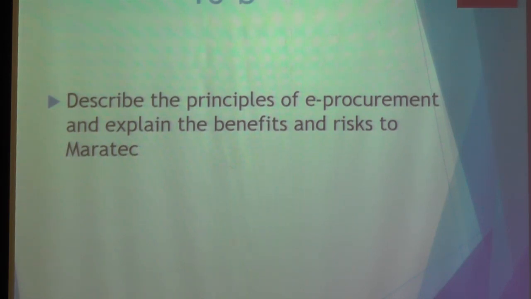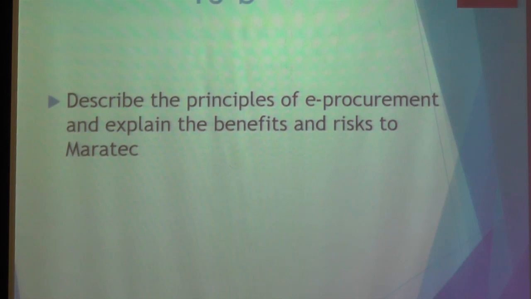E-procurement, benefits and risks. And you write whatever. Maybe they give you 5 marks there. So you have clearly broken down the requirement and you are writing exactly to the point.